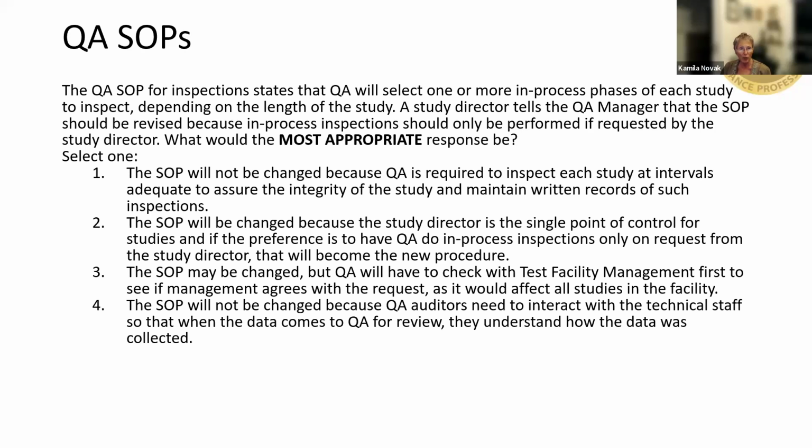And finally, 4, the SOP will not be changed because QA auditors need to interact with the technical staff so that when data comes to QA for review, they understand how the data was collected.